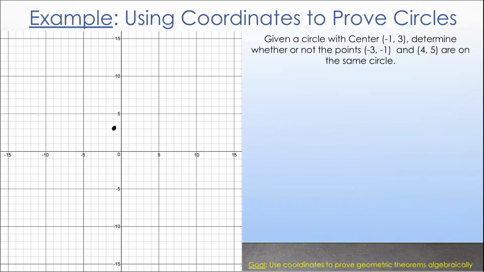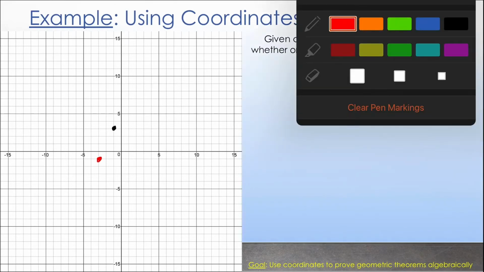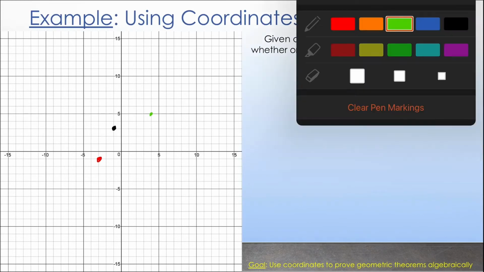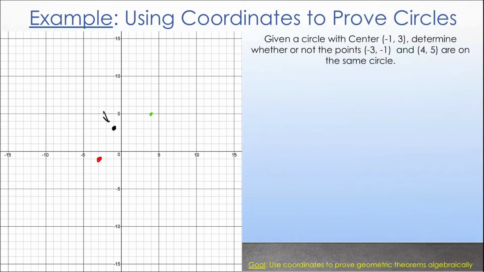It says determine whether or not the points -3, -1 and 4, 5 are on the same circle. So I'm going to do these in different colors. So if this is my center, I know that if both of these points are on the same circle, they should be equidistant, meaning the same distance away from my center point.